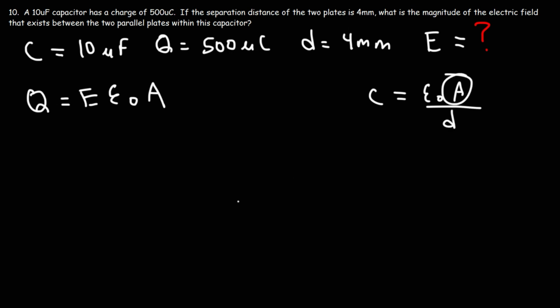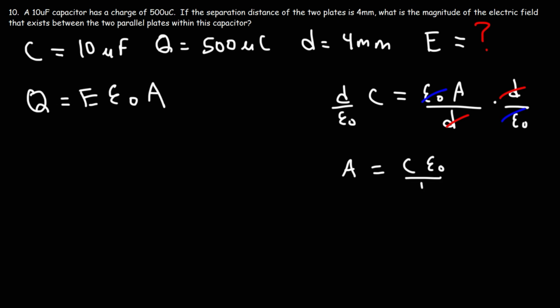Let's solve for A in this equation. To do that, let's multiply both sides by D over the permittivity of free space. These two will cancel, and these two will cancel. So we get that the area is equal to the capacitance times the separation distance divided by the permittivity of free space.